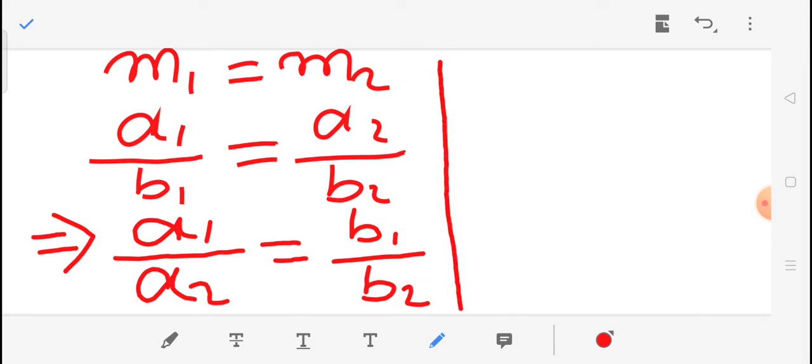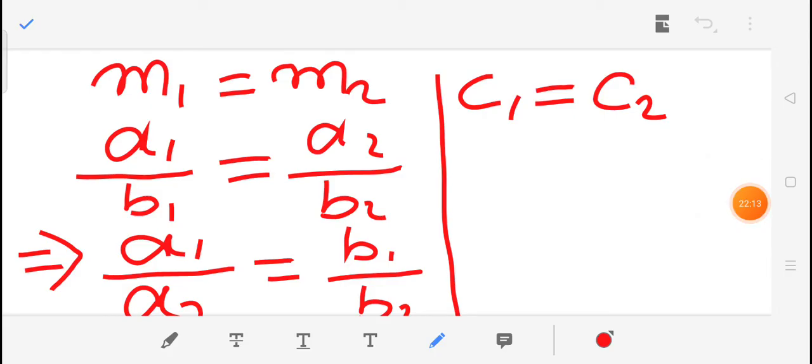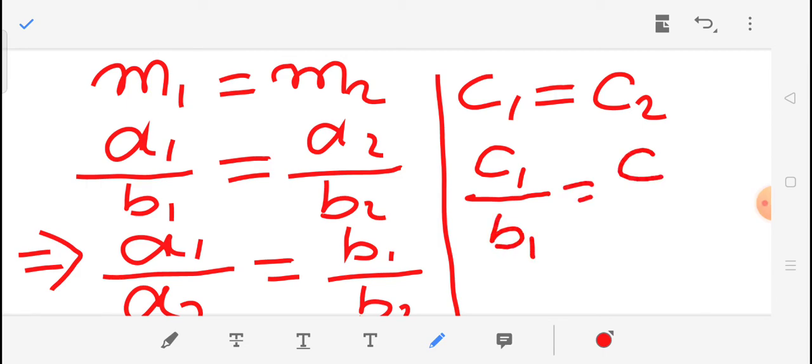Similarly we can get it done in terms of c1 equals c2, which gives us c1 by b1 equals c2 by b2.